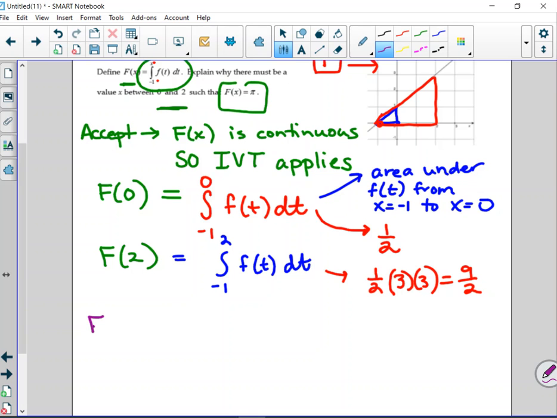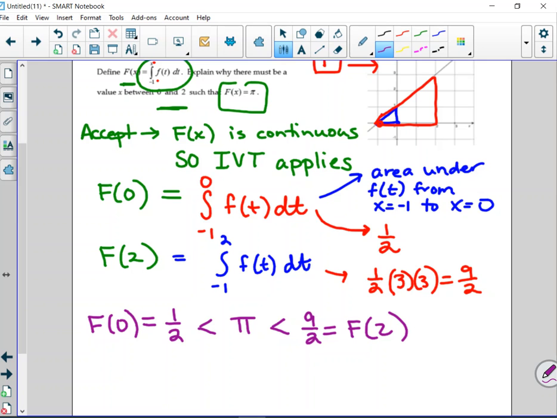So here's what we write. F of 0, which is a half, is less than pi, which is less than 9 halves, which is big F of 2. So what did I get for each of my evaluations? I got a half, I got 9 halves, and they're on either side of pi, and I got to make sure my inequality is right, that the alligators are eating the bigger numbers.